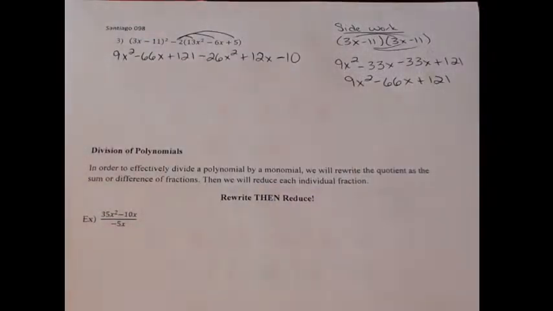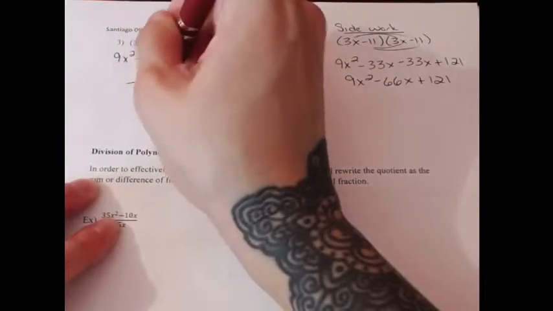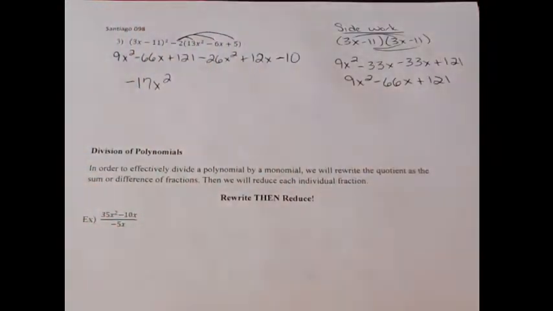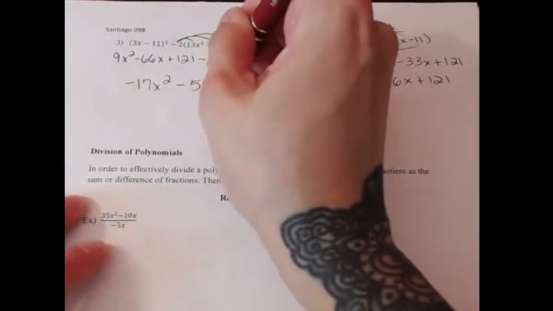We have to be super careful with our signs as we are distributing. So now I have 9x squared minus 26x squared, which is going to give me negative 17x squared, right? We are careful with that sign. I then have negative 66x plus 12x, which is going to give me negative 54x.